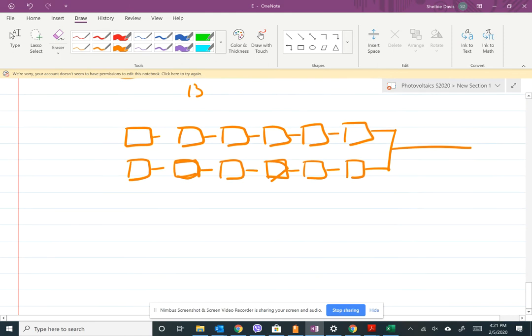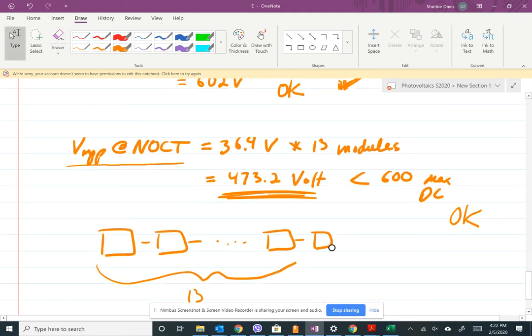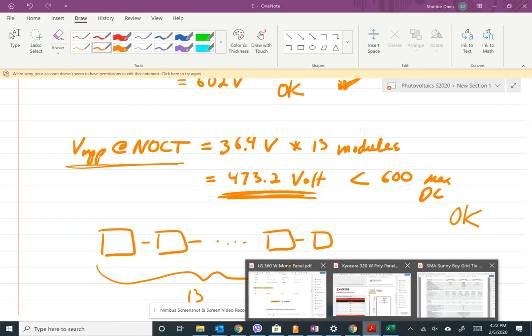Anyway, let's keep going. So we need to check. We have 13 modules in series because we're good with that. So our VMPP at NOCT, which we just figured out right here, is 473.2 volts. Now let's look at the operating range. The MPP voltage range is back here.